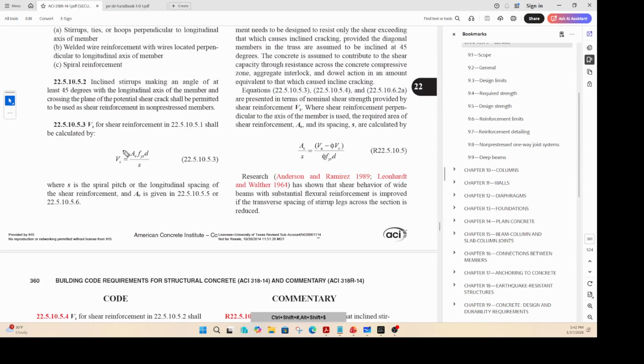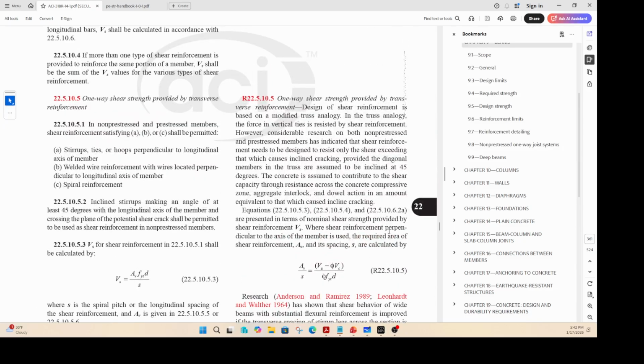And this is like I said, the Vs component is being resisted by your transverse reinforcement, right? You have a beam and this is transverse reinforcement here. The shear Vs component is based on the area of that reinforcement. So let us say you have a number 3 diameter bar, then the area of shear reinforcement, the notation is AV in the code, is nothing but two sections are resisting your shear. The shear being applied is being resisted by two sections.